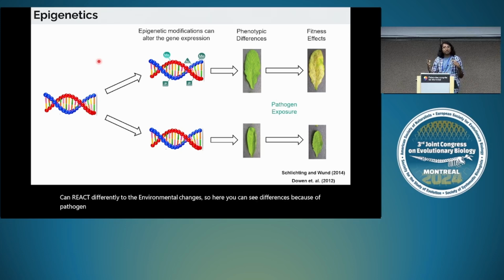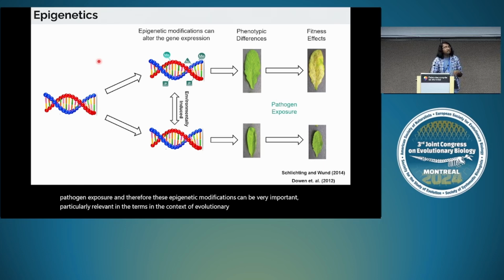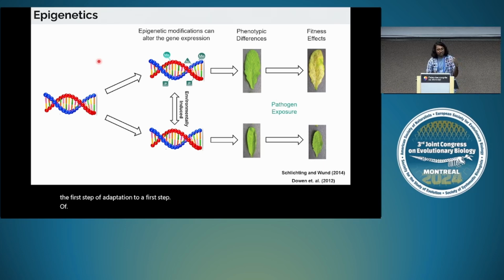Therefore, these epigenetic modifications can be particularly relevant in the context of evolutionary rescue, because they can be induced or removed by environmental cues, and therefore can form the first step towards adapting to the new environment.